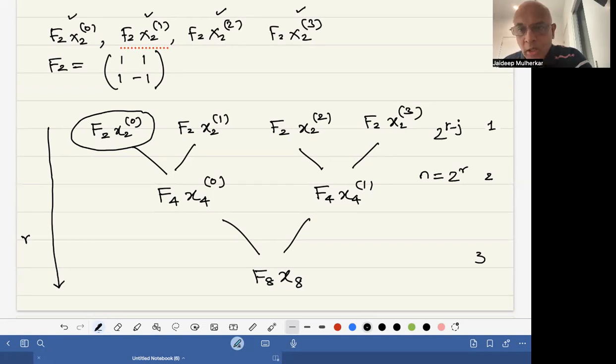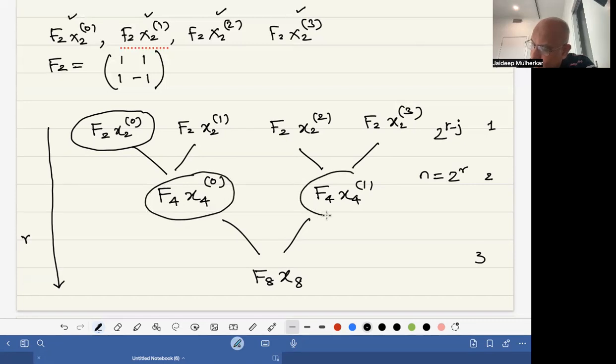So for r equal to 3 and j equal to 1, there are 2 to the 3 minus 1, that is 2 to the power 2 components. So at each level, there are 2 to the r minus j components to compute. Over here, for example, there are 2 to the 3 minus 2, which is 2 components. Over here, there are 2 to the 3 minus 3, which is 1 component.